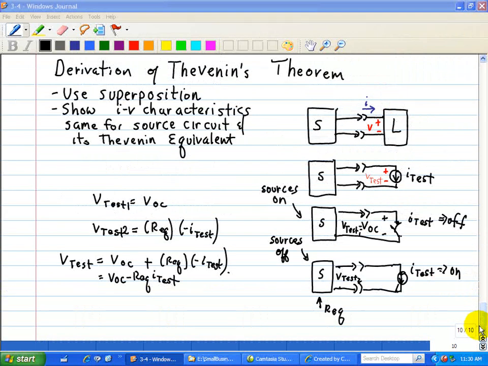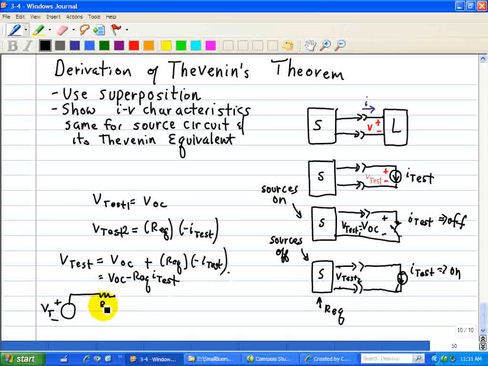Now we recall that this has the same form as our Thevenin equivalent equations. That is, Vt is our voltage source, and RT is here.